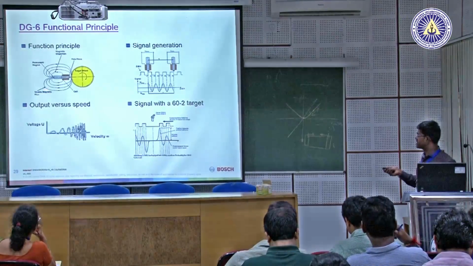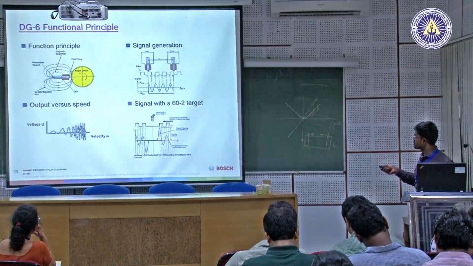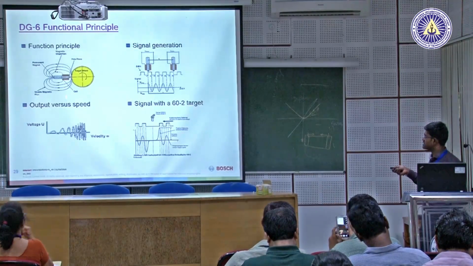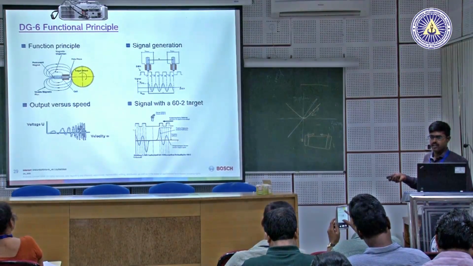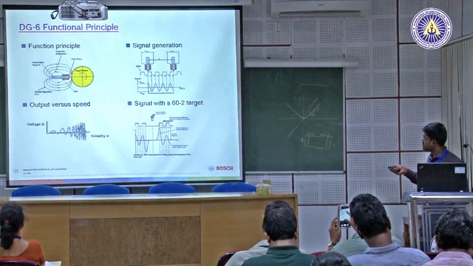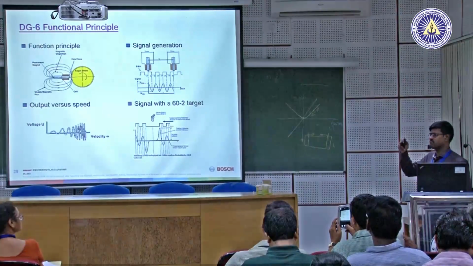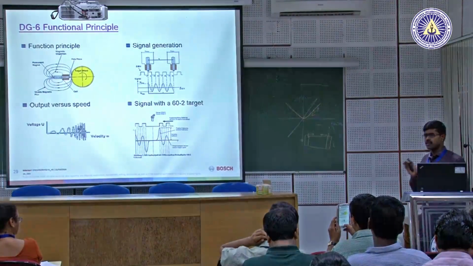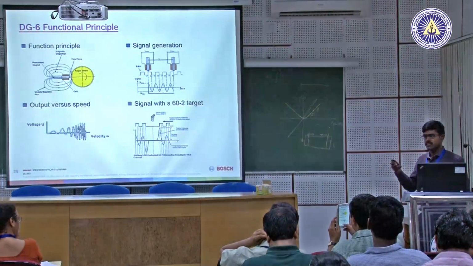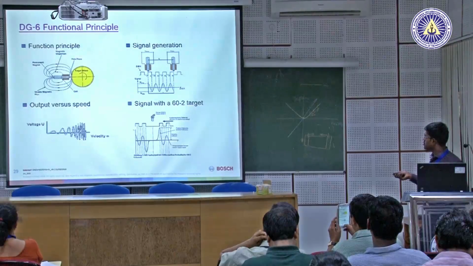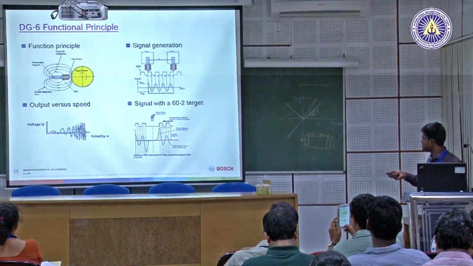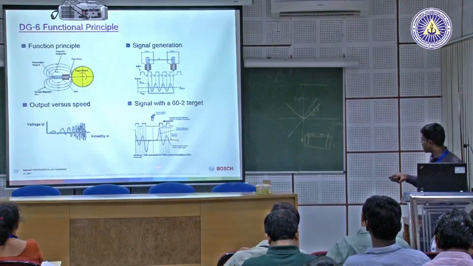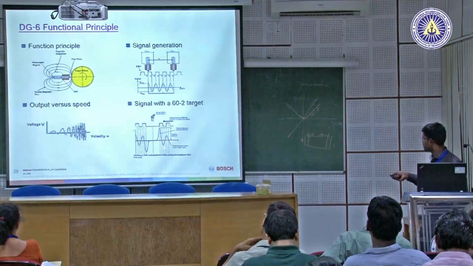Whenever the tooth comes into contact with this magnetic flux, that is, cuts the magnetic flux, there is an EMF which is generated. At a tooth the EMF induced is higher, at a slot because of the distance it is comparably lower. This is how the voltage versus the speed of the engine takes shape, and the typical output will be in terms of a sine wave.